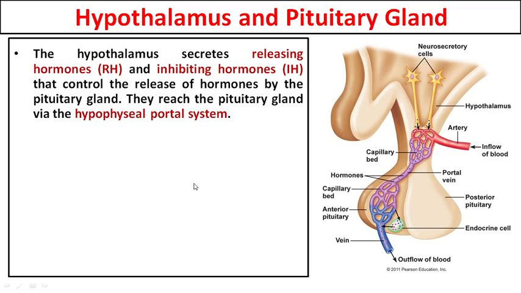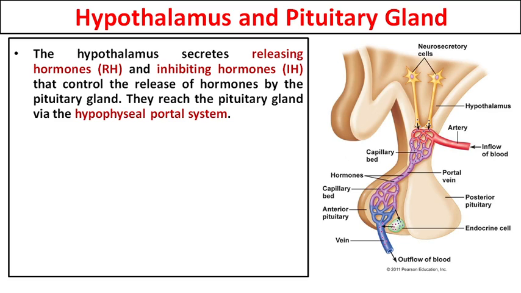Clear? So the hypothalamus in general, if you want to say, it releases two types of hormones. One type is called releasing hormones and the other type is called inhibiting hormone. Releasing hormone, as the name suggests, it stimulates the pituitary to release a specific hormone.